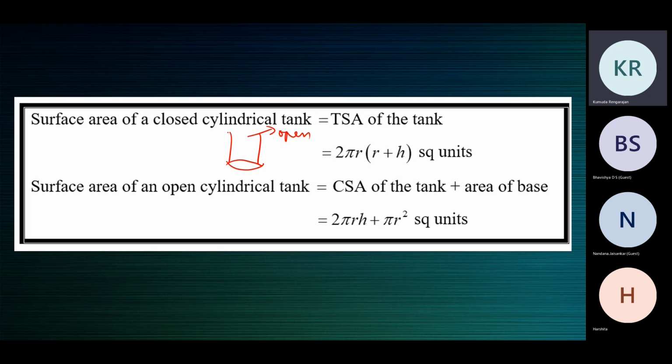If it's a closed tank, the top is closed. A tank will always have material along the CSA and the bottom. The question is only about the top. Is the top open or closed? If it's a closed tank, there is material used on the top also, the top circle.